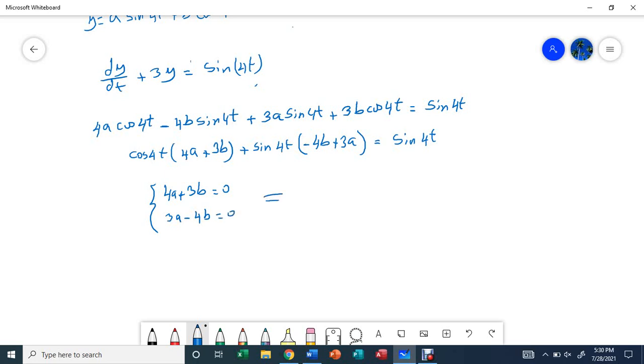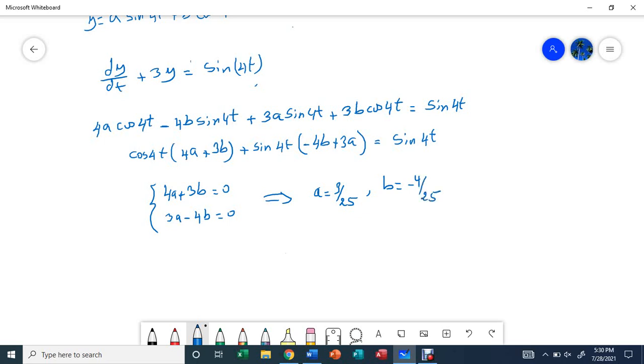So this is a linear system of equations. You can solve it using your favorite method, but at the end of the day you're just going to get A equals 3/25 and B equals negative 4/25.